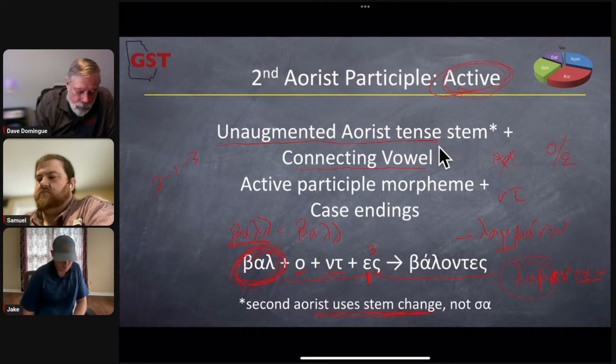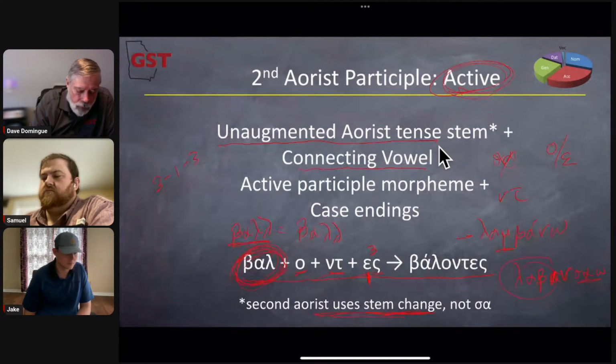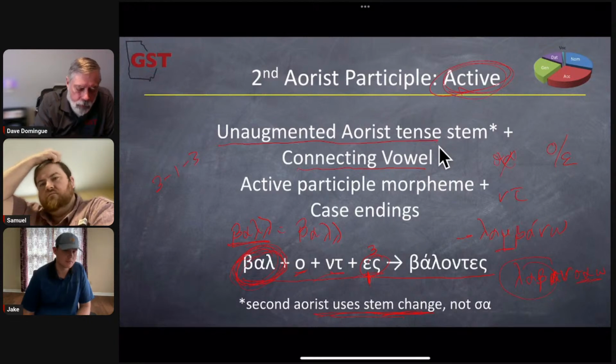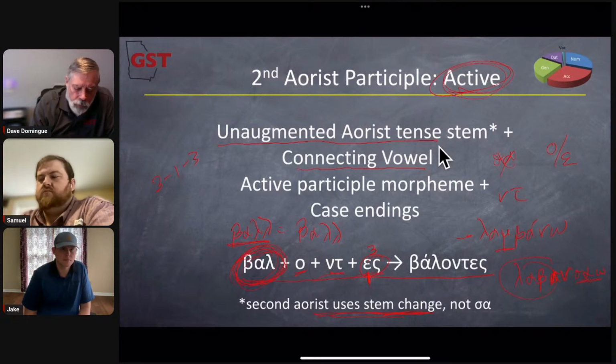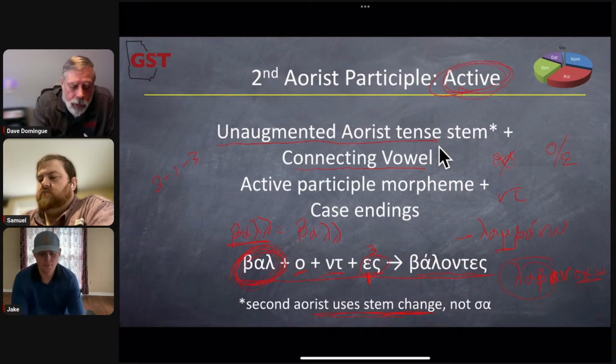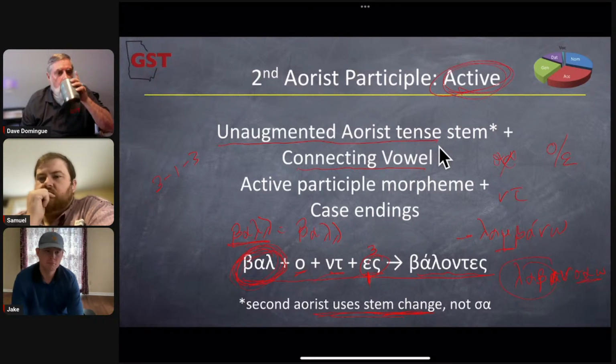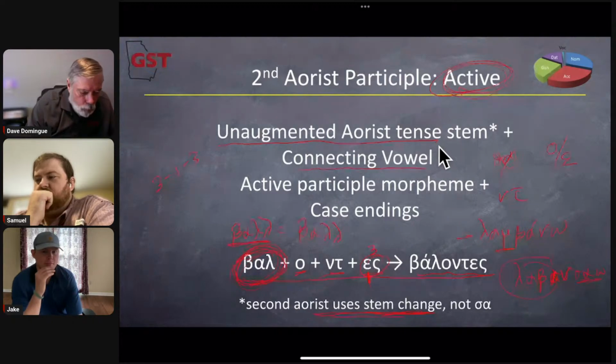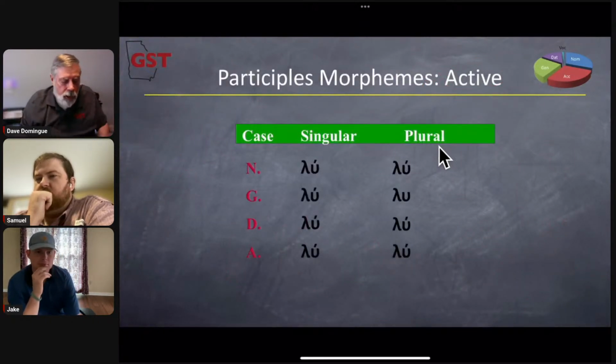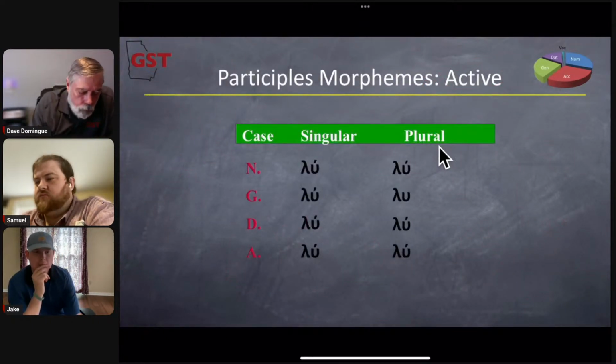Well, no, this is going to be the plural, so this would be the case ending for the plural. Balontes, casting out, plural form. All right, you guys not lost yet? I'm doing my best to lose you. Not yet. All right, now just to look at it. For active, we're going to have participle morphemes.